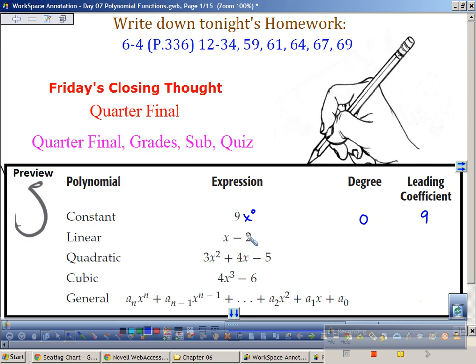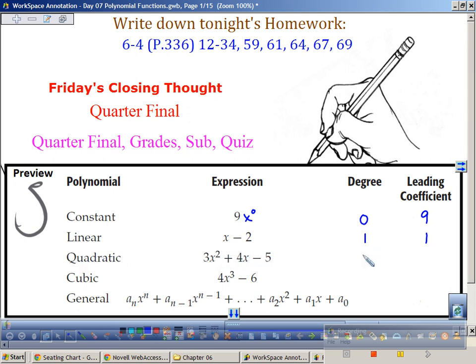This is a linear function, x minus 2. It's linear because it's to the degree of 1, and it has a leading coefficient of, leading meaning the first. Okay, let's do the next one, and then let's talk about leading coefficient. This one's a quadratic.